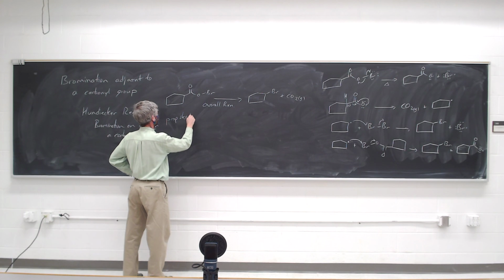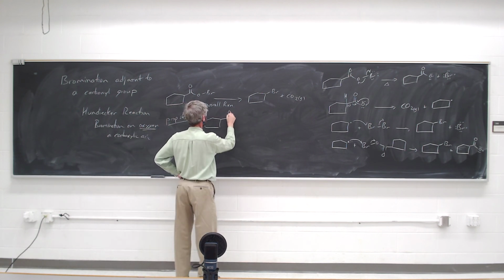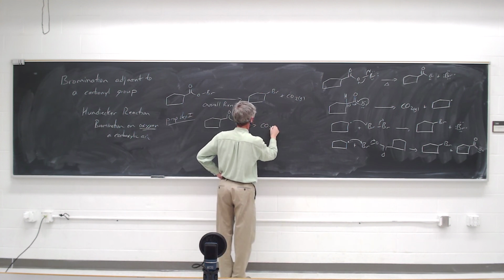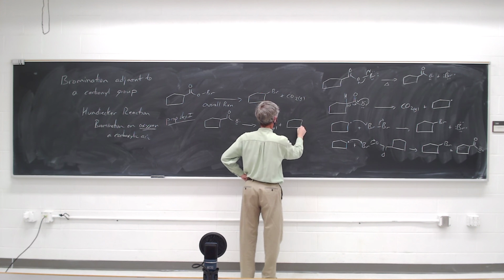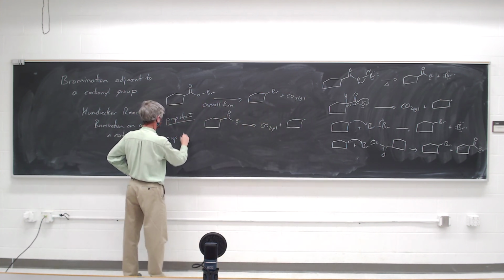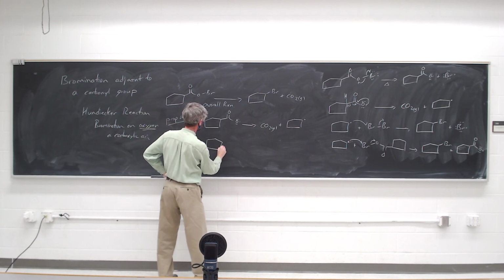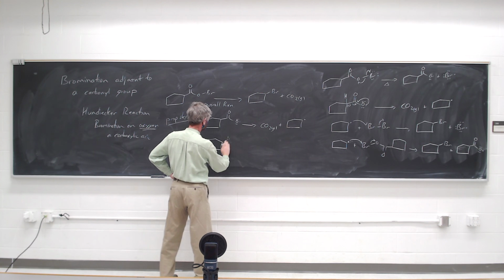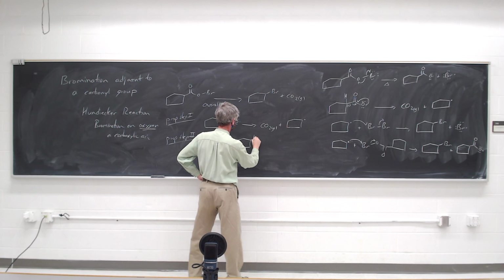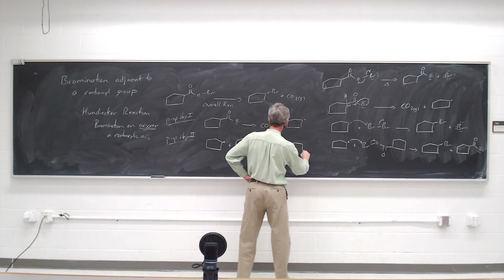So your first propagation step is the decomposition of the carboxy radical to form CO2 and the alkyl radical, and your second propagation step is the reaction of the alkyl radical with the acyl hypobromite to form the alkyl bromide and regenerate the carboxy radicals.